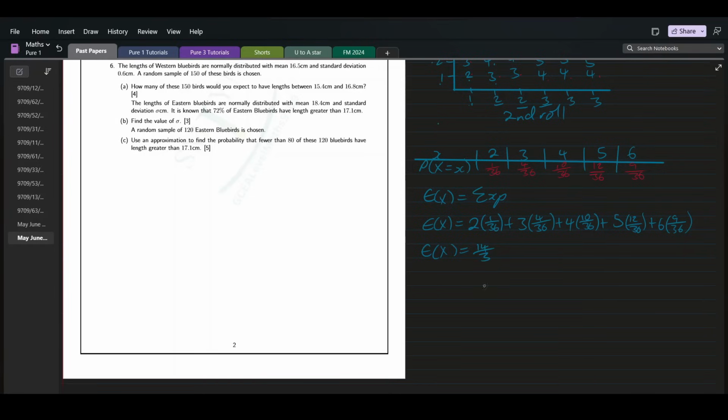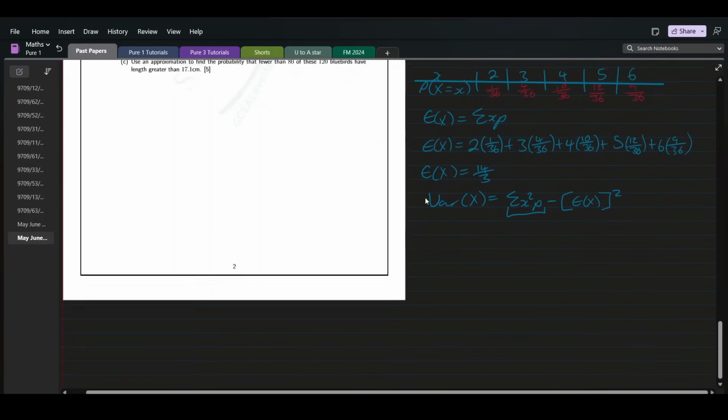Now let's find the variance. Var of x is equal to the summation of x squared p minus the expectation of x squared. So this means we need to first find the summation of x squared p.